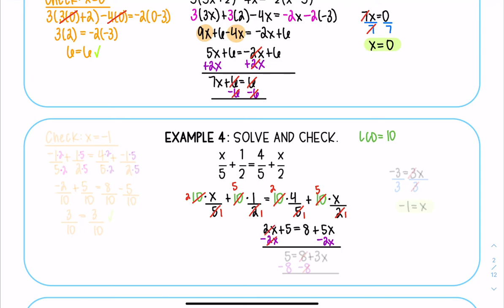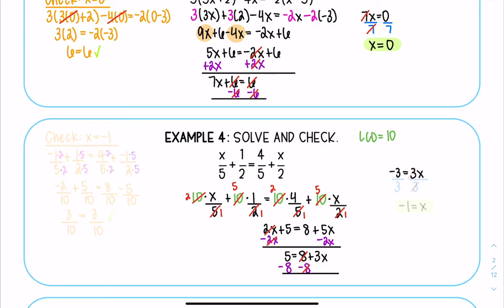And so on the left it cancels, and we're left with 5 equals 8 plus 3x. We want to get all the constants to one side, so I'm going to subtract 8 from both sides so that I can get x by itself. On the right hand side it's going to cancel, and we have 5 minus 8, which is negative 3, equals 3x.